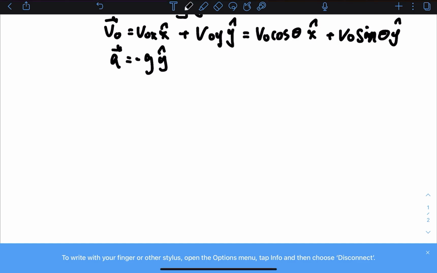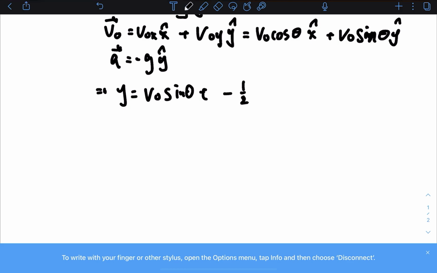Then we can write down how far it's traveling in the y component, the vertical direction, which is v0 sine theta t minus 1 over 2 g t squared. This is because v0 sine theta is the initial velocity in the y direction, and we only care about how the cannonball moves in y. Because we only care about the horizontal range, we can set y equal to 0, the point when it hits the ground.